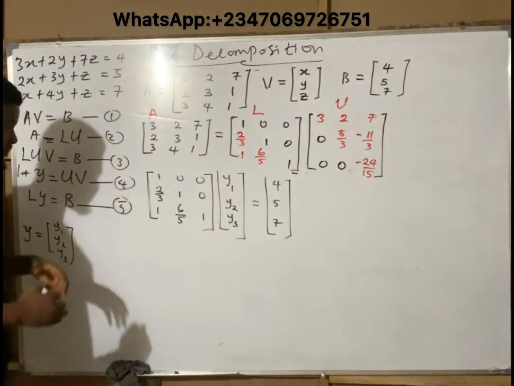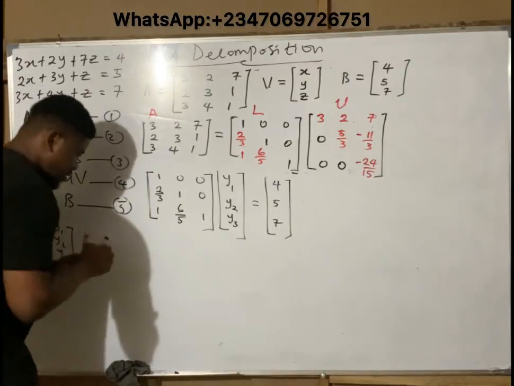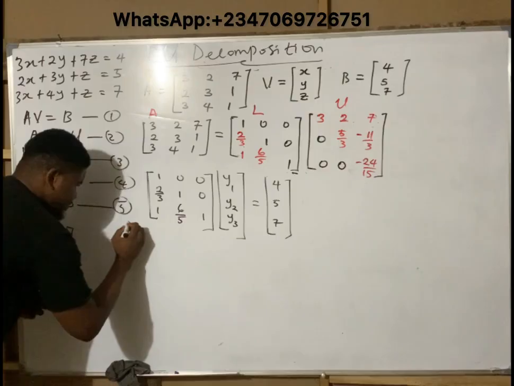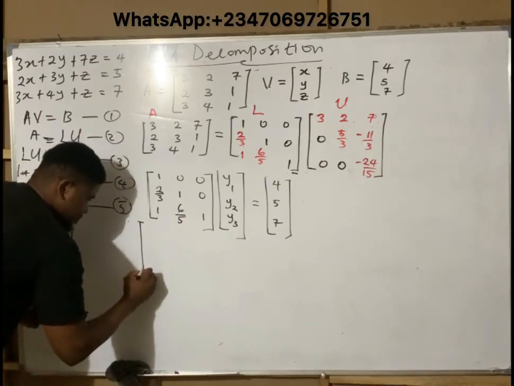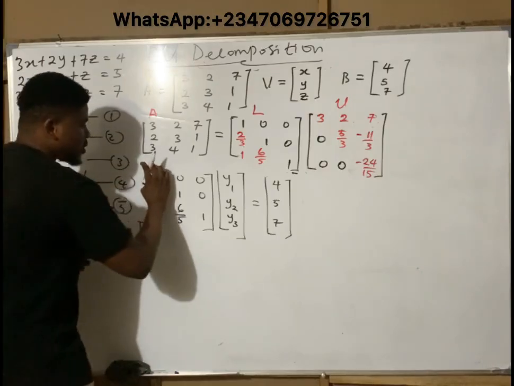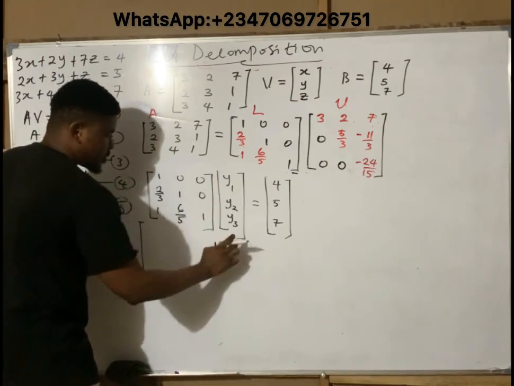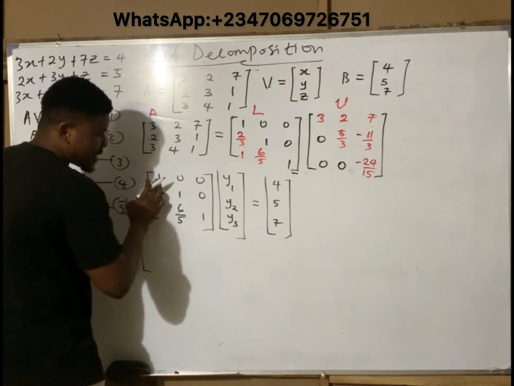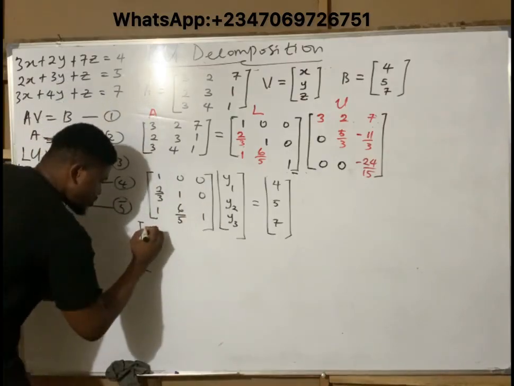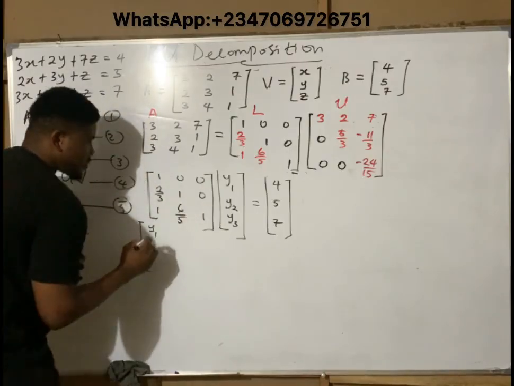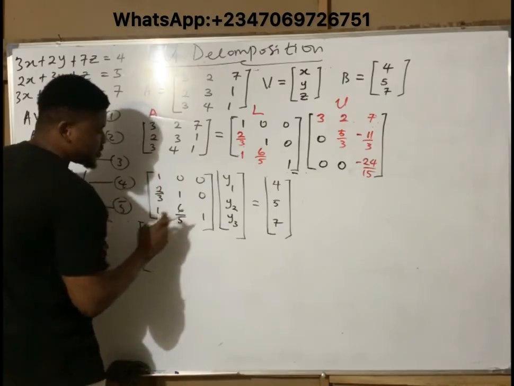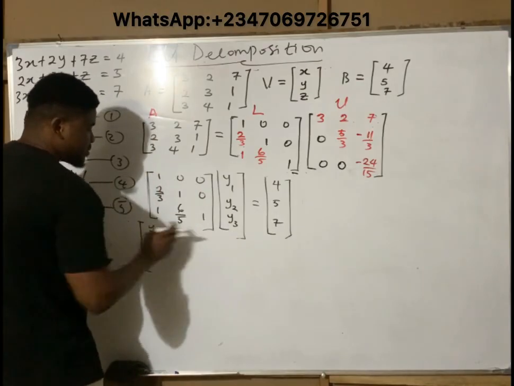So once again we perform our multiplication and we have a new matrix. The whole of this row multiplies this column. This is 1 times y1, which gives us y1, plus 0 times y2, which is 0, plus 0 times y3, which is 0.